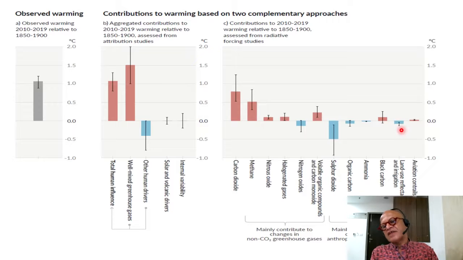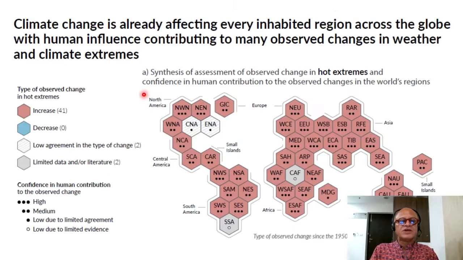And land use, reflectance, and irrigation are creating a slight bit of cooling, and aviation contrails are adding to the warming, and this is something to watch out for in terms of how it will grow. So you can see how the radiative forcing studies and attribution studies are done separately to ensure that we are in fact attributing properly the recent warming.